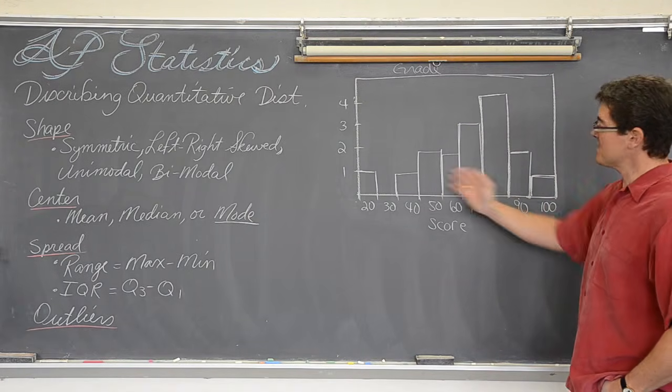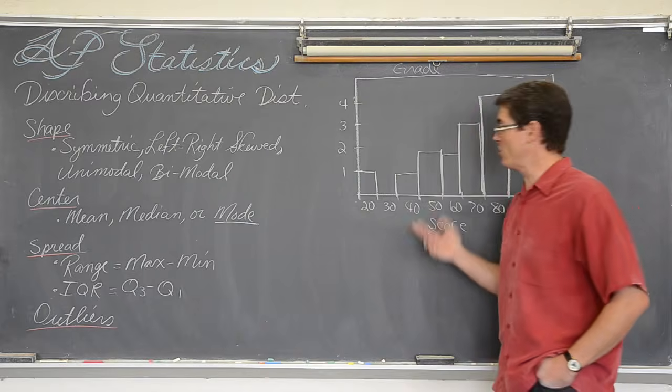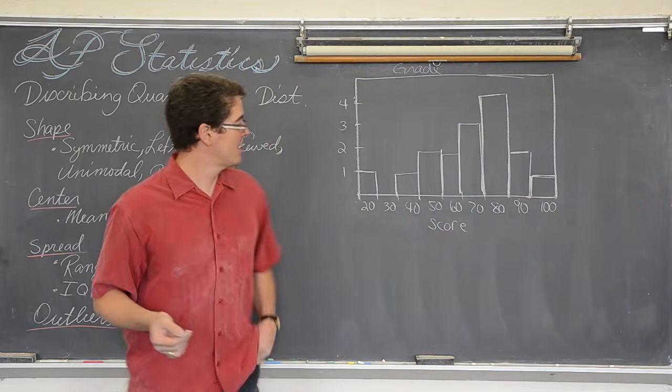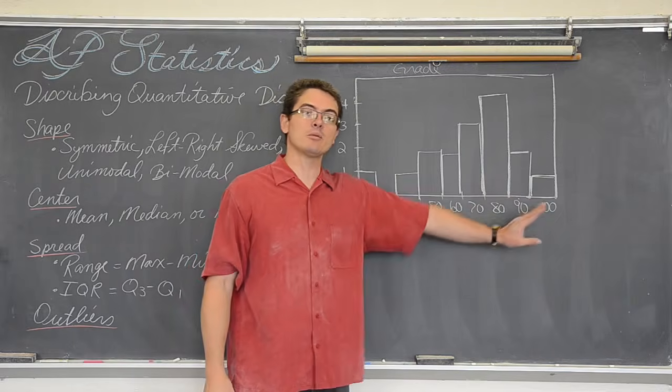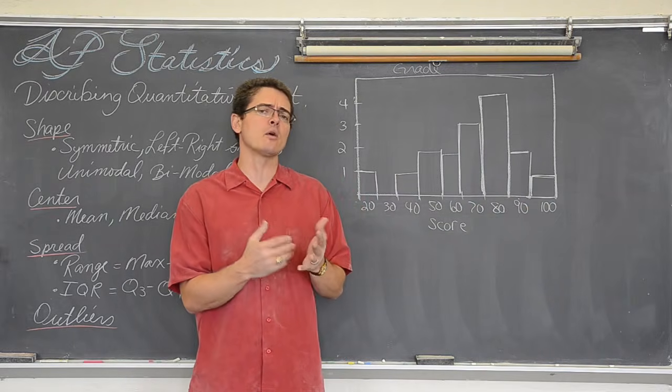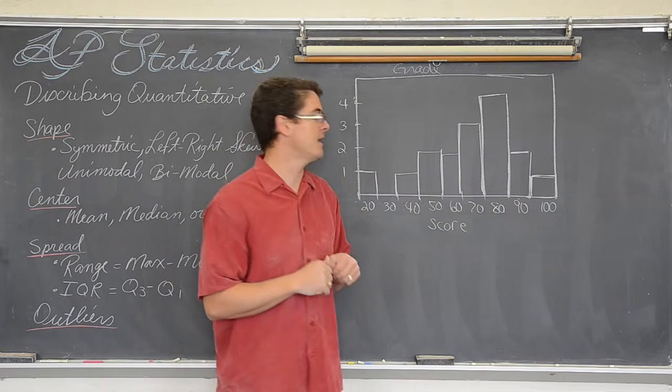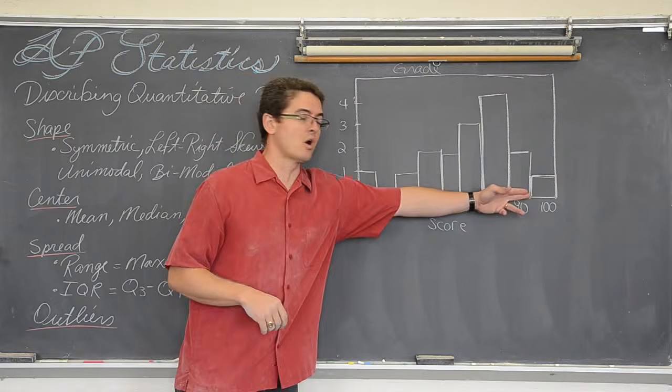Why is this a histogram to begin with? Why is this not a bar graph? Because I'm letting my numerical values represent a continuous random variable. I'm not using the scores to group them into letter grades like A, B, C, D, and F. I'm keeping them as the raw score.